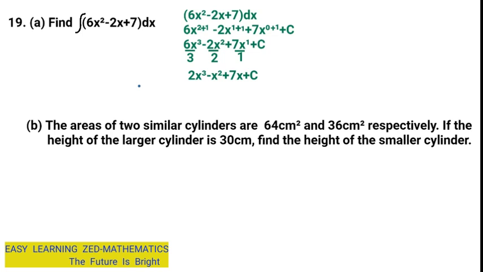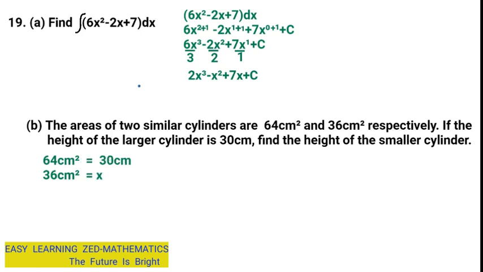A cylinder with the area of 64 centimeter squared has the height of 30 centimeter. Now the other cylinder has the area of 36 centimeter squared, and the height is not given, and that's what we want to find. So the height of this cylinder we will replace with x, which is equal to x.